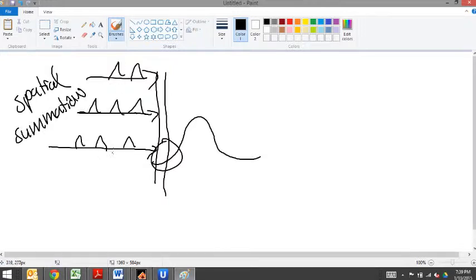So spatial summation is adding them together because they're close in space. Temporal summation is adding them together because they occur close in time.